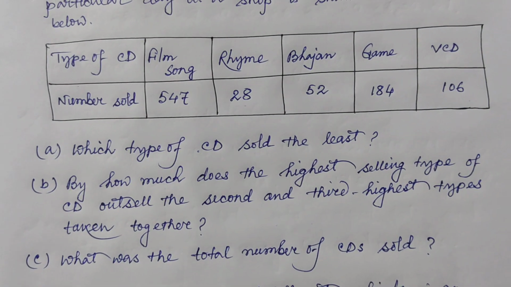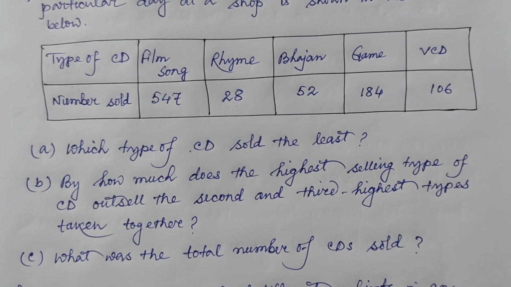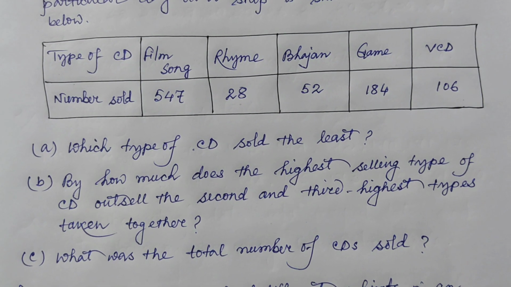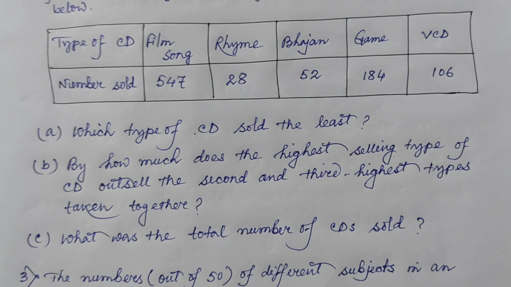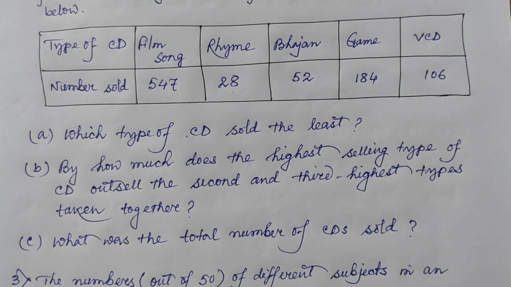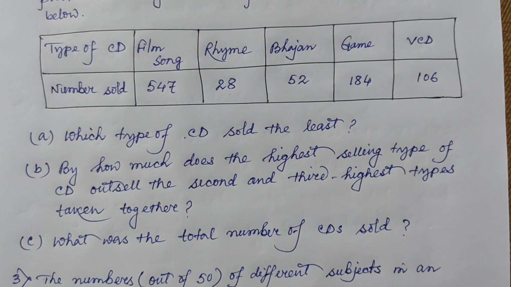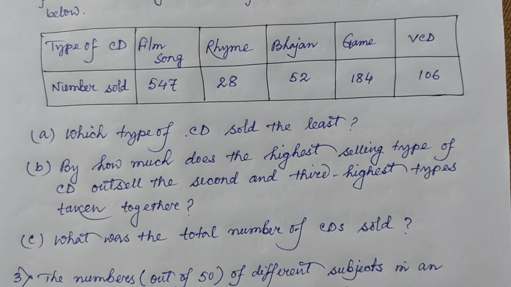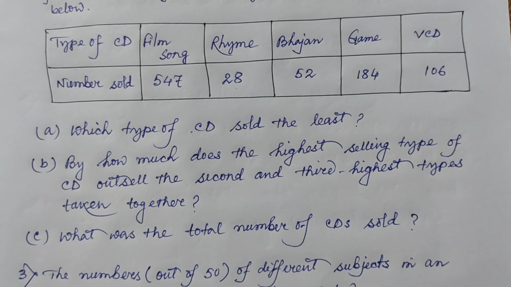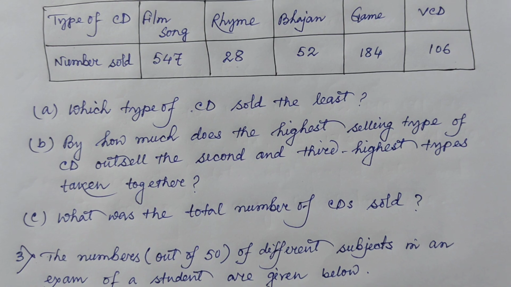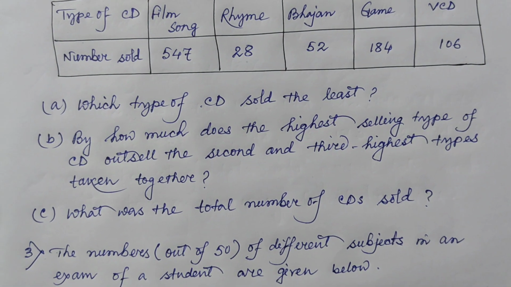So question A, which type of CD sold the least? B, by how much does the highest selling type of CD outsell the second and third highest types taken together? C, what was the total number of CDs sold?